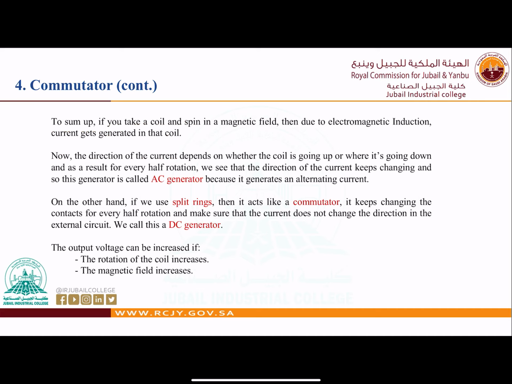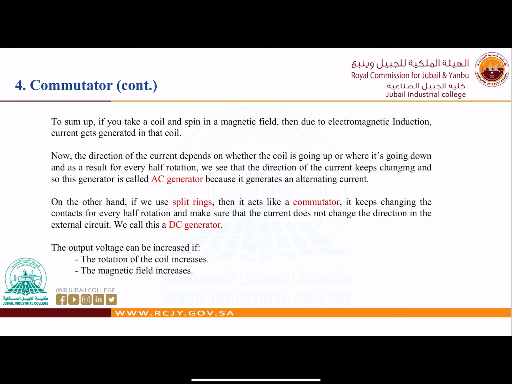This is a very clever idea. To have a DC current, it is very clever to split the rings by half, and the current will be in one direction. Please see the video that I attached, the link, so that you can have a better understanding, okay?